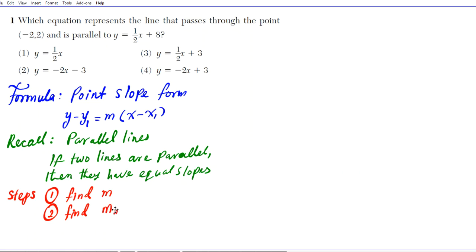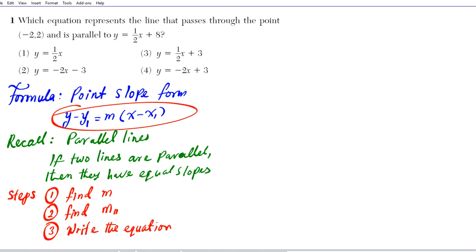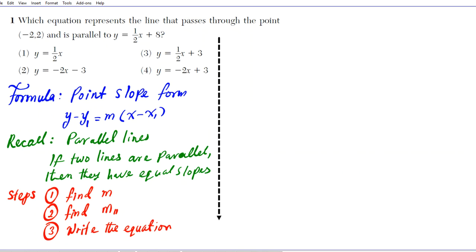I'm going to call it m parallel, the slope of the line parallel to the original line. And then after finding that, using the point and the slope, we're going to write the equation. So in step 3, we're going to be combining the slope and the point in this formula right here to generate the equation of the line. Let's go ahead and apply all this together in solving this problem.